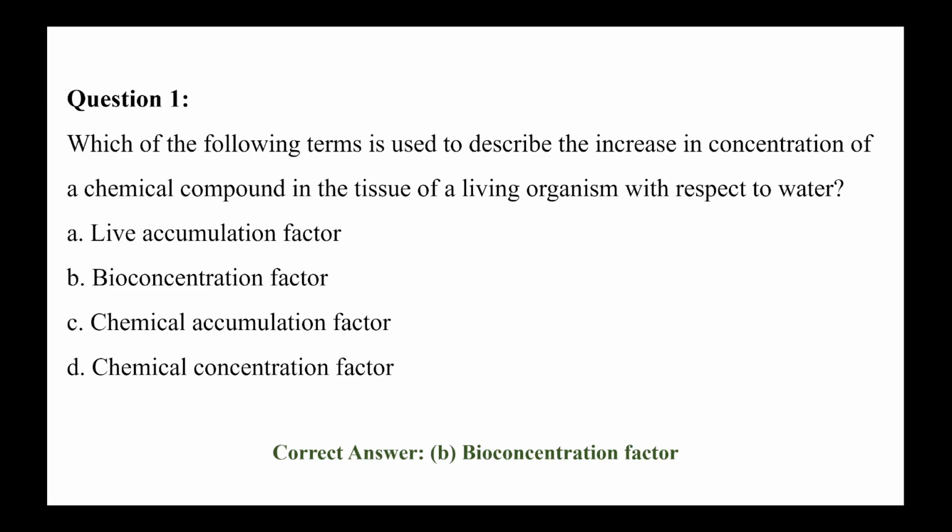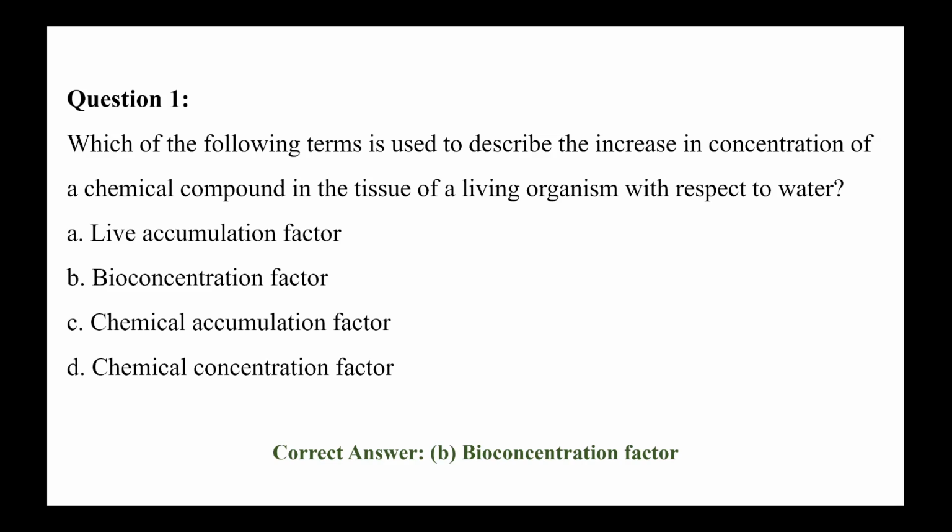So they get accumulated in our tissues also, or in any living organism. So with respect to water, the concentration of a particular compound in water and the concentration of the same compound in tissue, that ratio is basically defined as the bioconcentration factor.